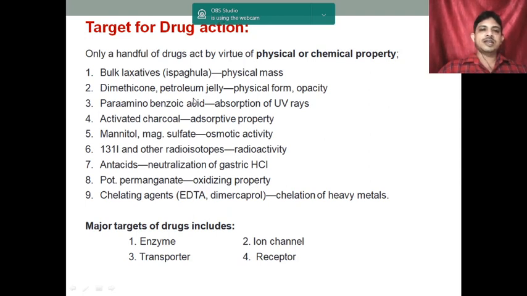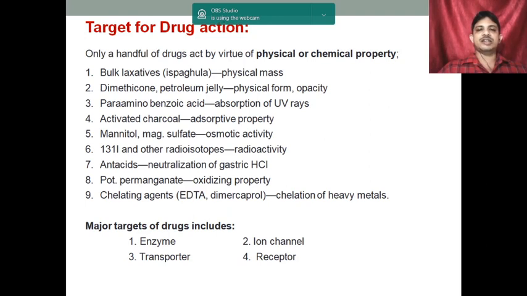Similarly, dimethicone and petroleum jelly again act based on their physical form. Then there is activated charcoal. If we give it in poisoning, it will absorb the poison in the specific area.